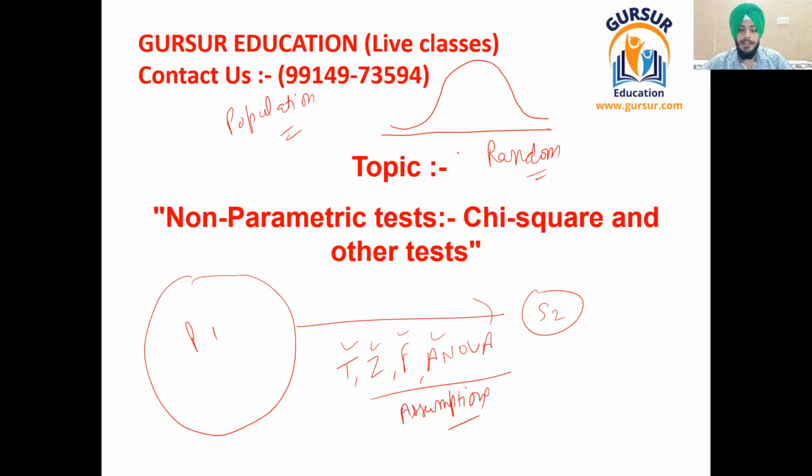So we took the decision regarding the assumption of the test that this is the population from where the sample is being drawn, that is normally distributed. That was the first assumption.